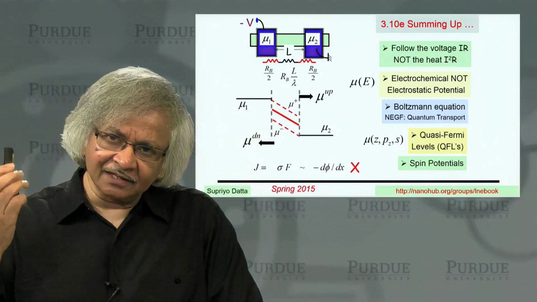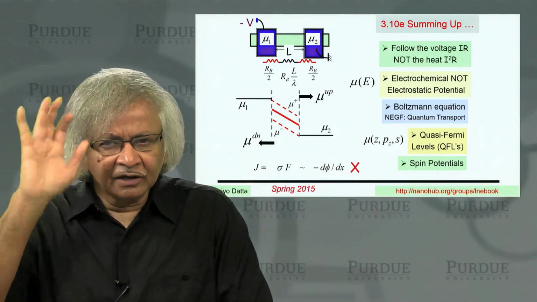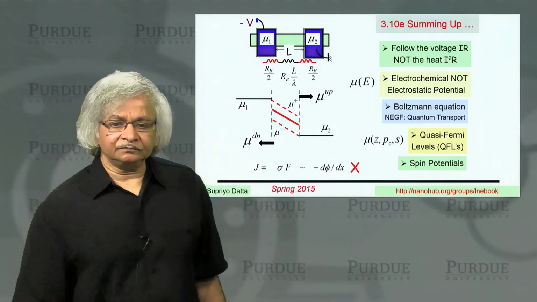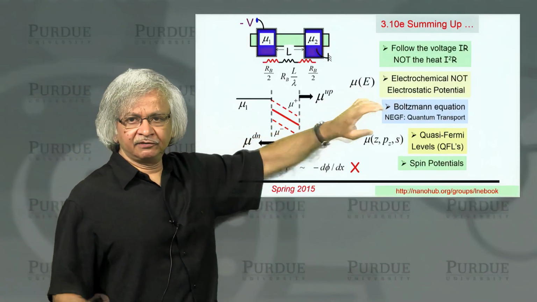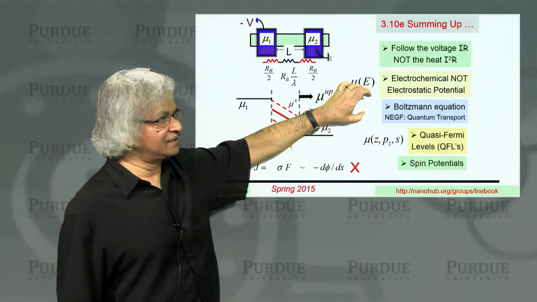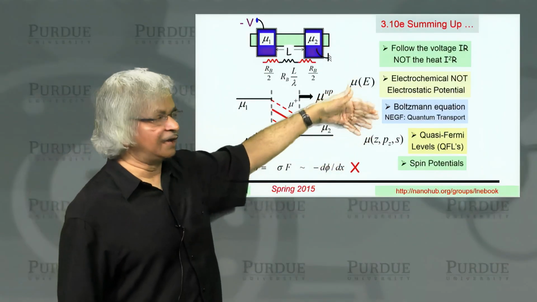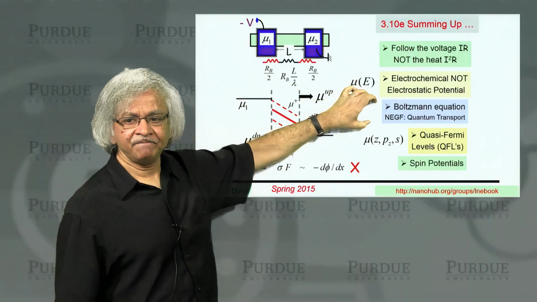And you need this concept of quasi-Fermi levels in order to have a pictorial view of how current flows. Of course, you always have the Boltzmann equation or NEGF as your quantitative benchmarks. The quasi-Fermi level is a way of thinking that helps you understand or catalog what you're seeing.